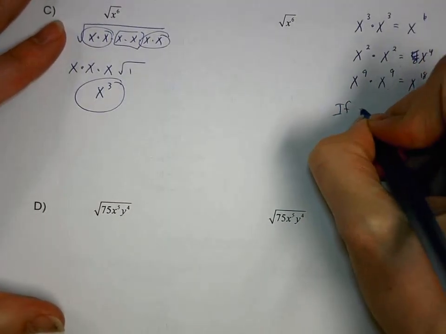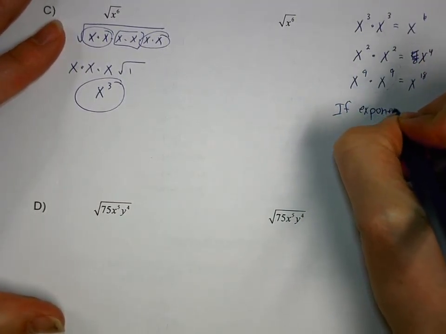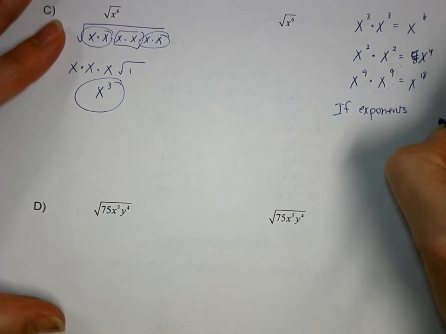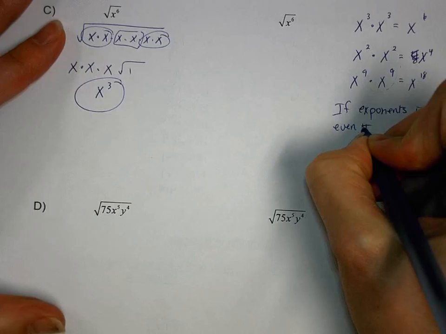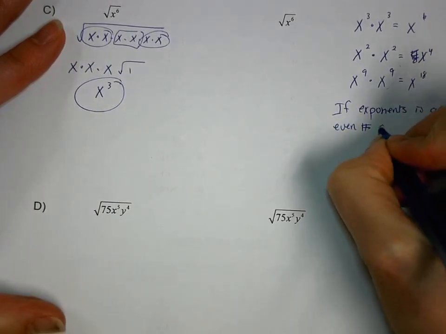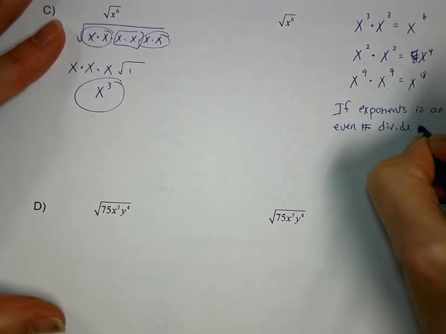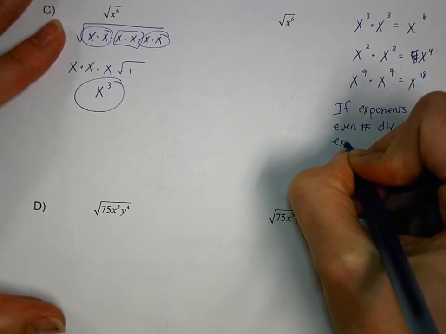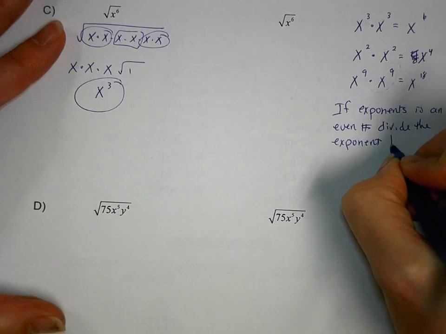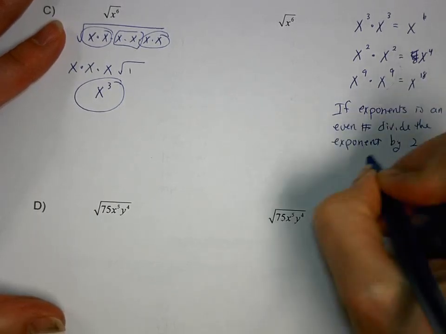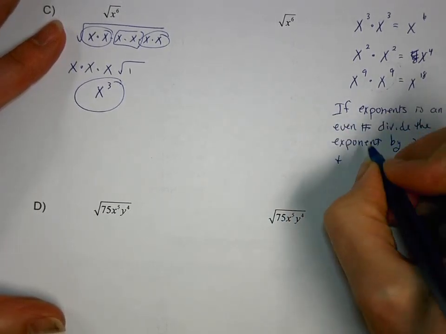If the exponent is an even number, divide the exponent by 2 and take out.